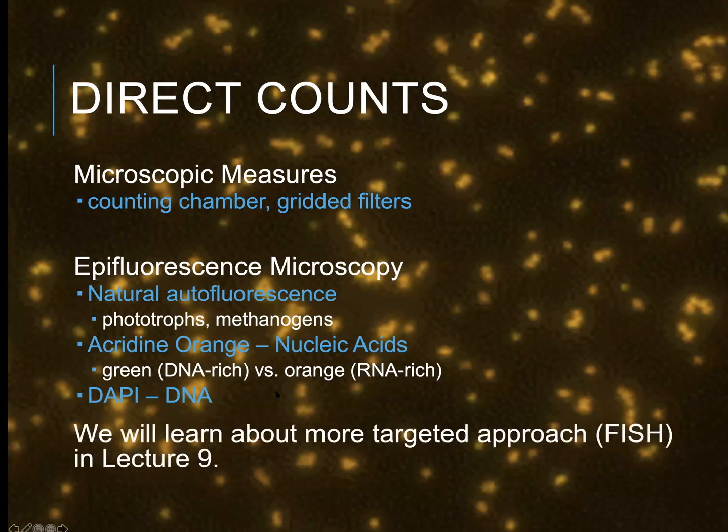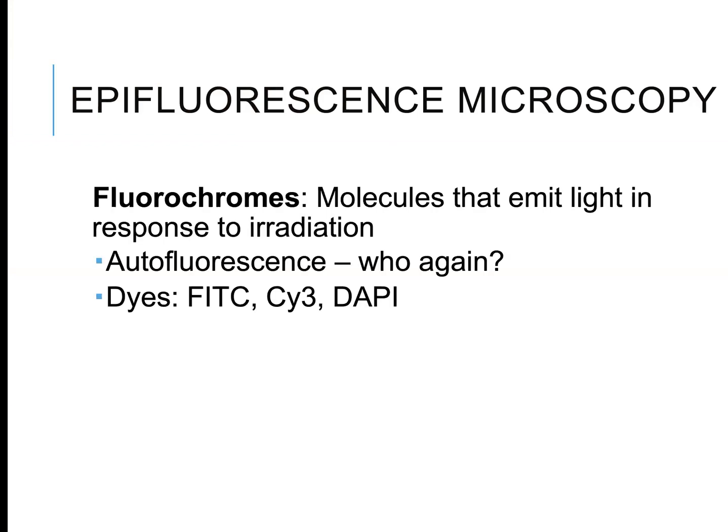Now we're going to learn more about another approach next time in terms of counting, quantitative measures of FISH. It's probably not going to get there today, but we'll see. So epifluorescence microscopy relies upon these fluorescing molecules, which we call fluorochromes.